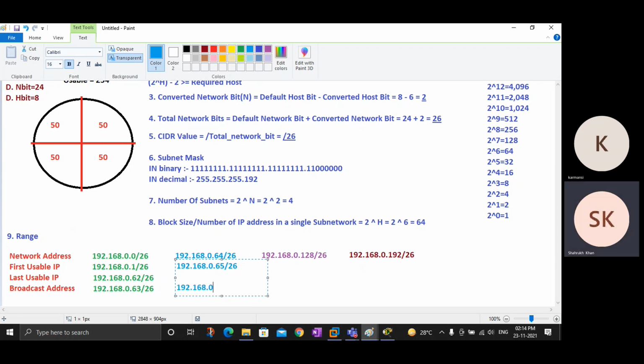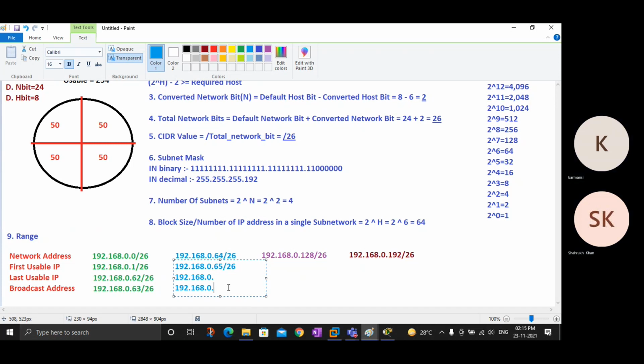The broadcast address will be 0 dot 64. No, 64 is the network address of this network. What will be the last IP address of this network?